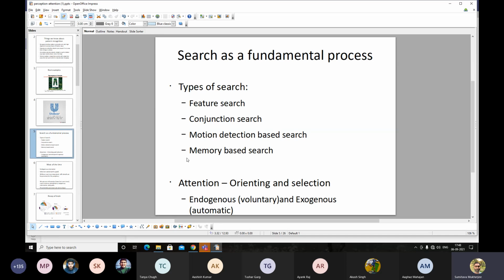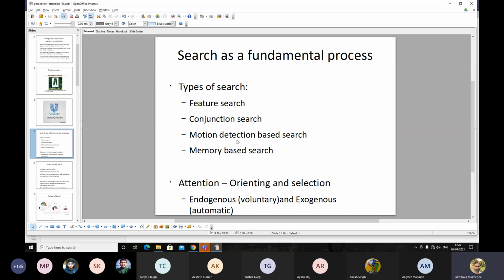You can search for things depending on whether they are moving. Something moving together also gives you a kind of pattern, which again comes from Gestalt psychology, the principle of common fate. If all these things are moving in one line, that helps you detect it better because it's based on motion, and you can search based on your memory.